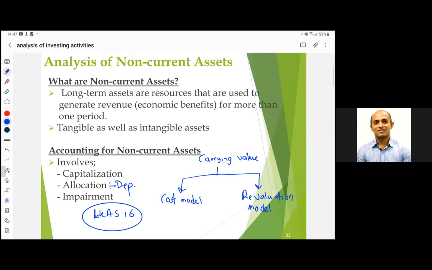It says how to capitalize assets, and it gives relevant guidelines for depreciation and impairment of assets. So that's your first step: you see whether the company follows LKS 16.